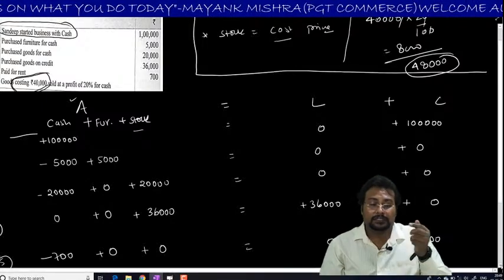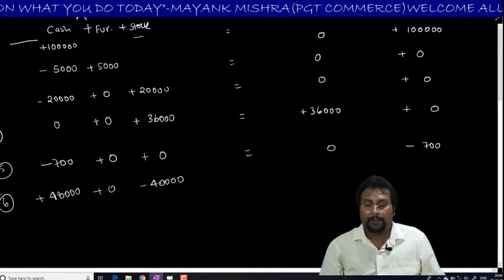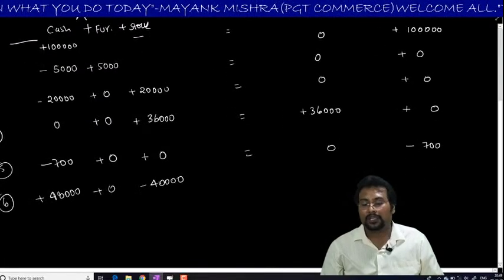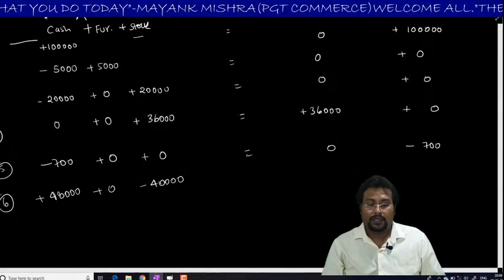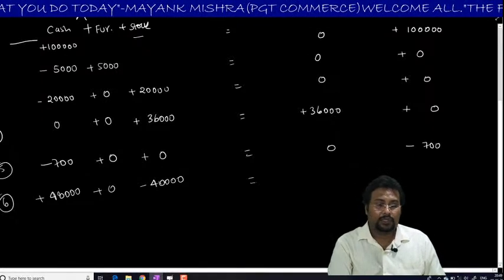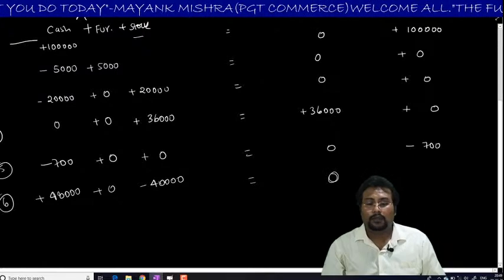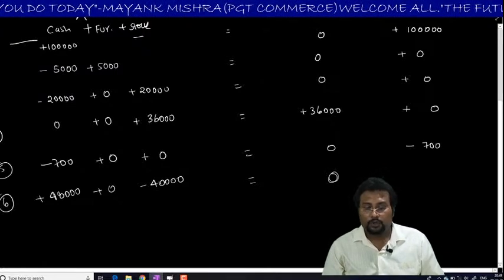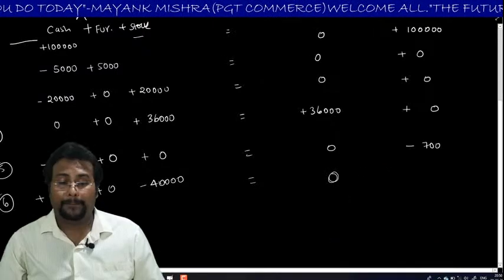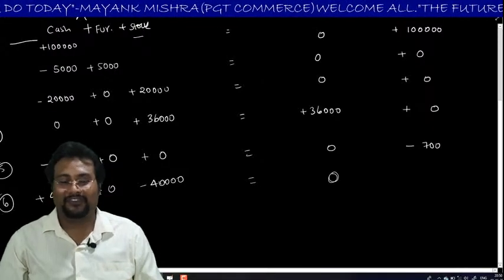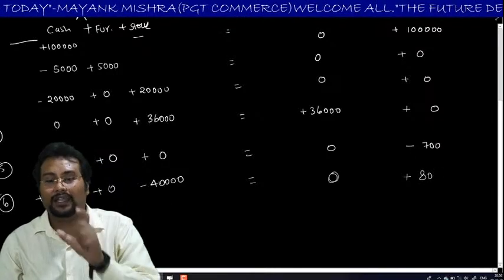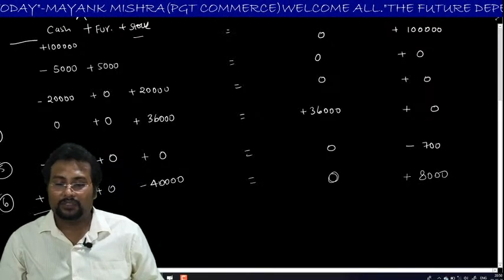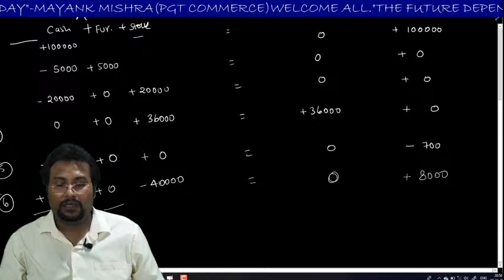Here the selling price is 48,000, but the cost price is just 40,000 rupees, so 40,000 minus from stock. No effect on future payment, but we earn a profit of 8,000. Goods of 40,000 sold at 48,000, so 8,000 profit will be added to the capital.